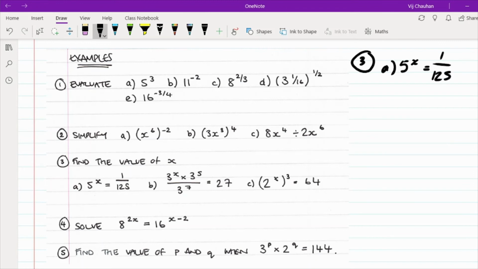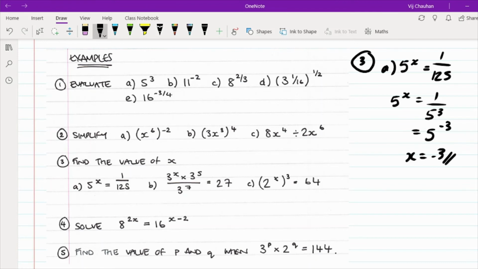So what we need to do is write this as a power of 5. So 125 is 5 cubed, so we've got 5 to the x equals 1 over 5 cubed, which then becomes 5 to the minus 3 because we've got the reciprocal. So therefore x equals minus 3.